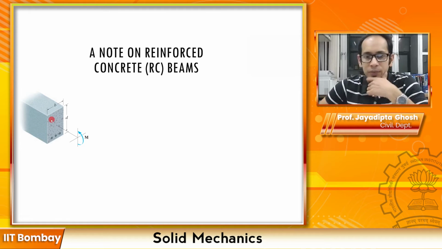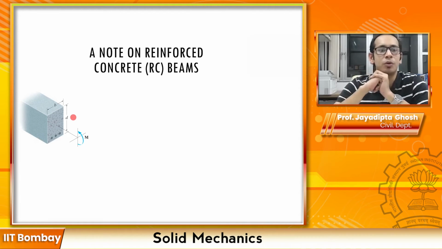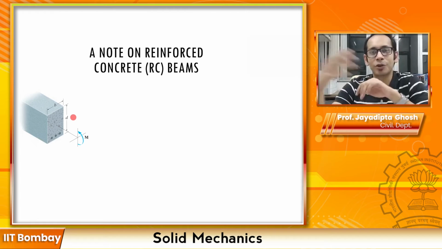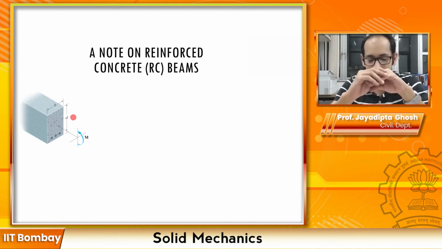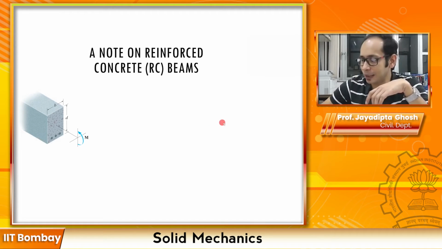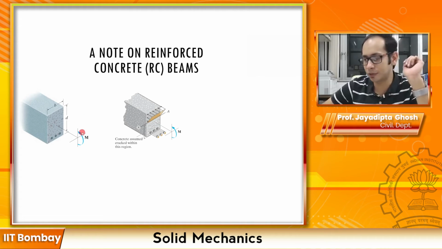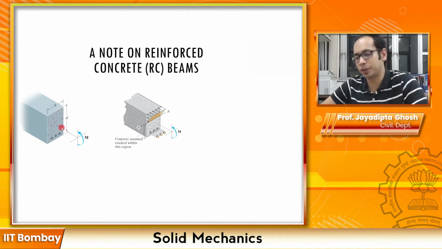Now here in this beam also you will have a neutral axis somewhere, right? Now what is typically assumed, and I am saying this over and over, and you will hear this a lot more when you take the concrete design, is that when you have a beam that is made of reinforced concrete and you have a neutral axis somewhere within the section, because of this moment the top is in compression and the bottom part is in tension.